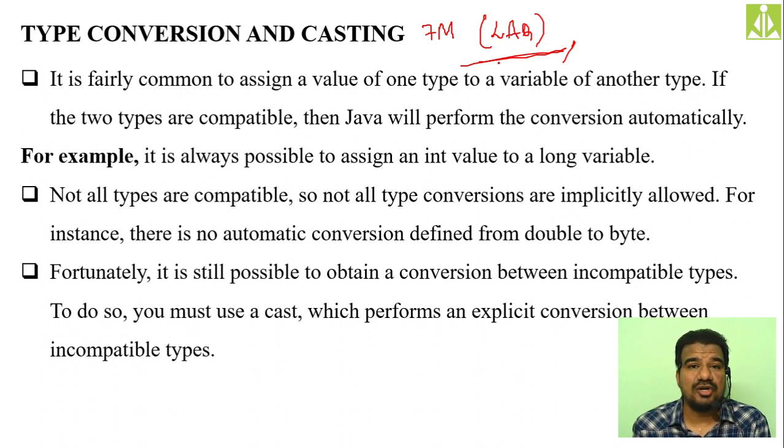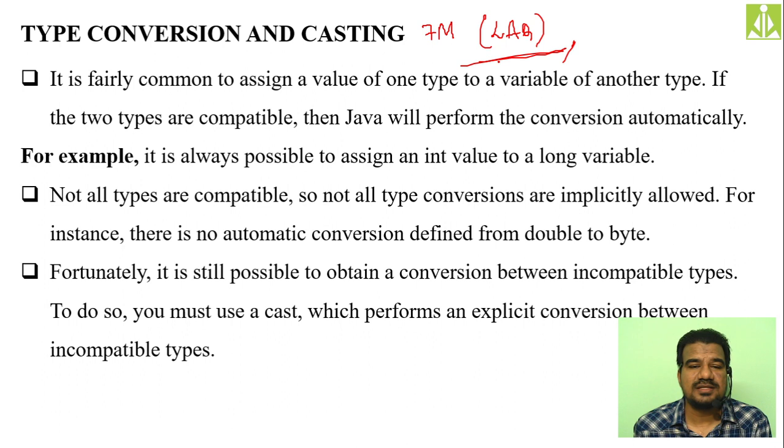So, assignment operation between mixed types of variables or mixed types of literals. If you use the assignment operator between double and integer, between character and integer, character and byte, likewise if you use different types of variables or constants, there comes the concept called type conversion and type casting.